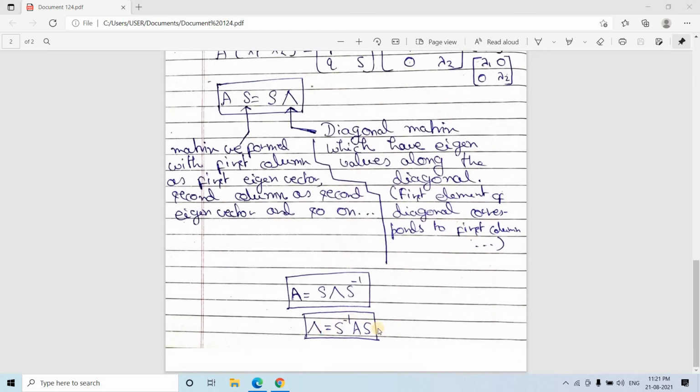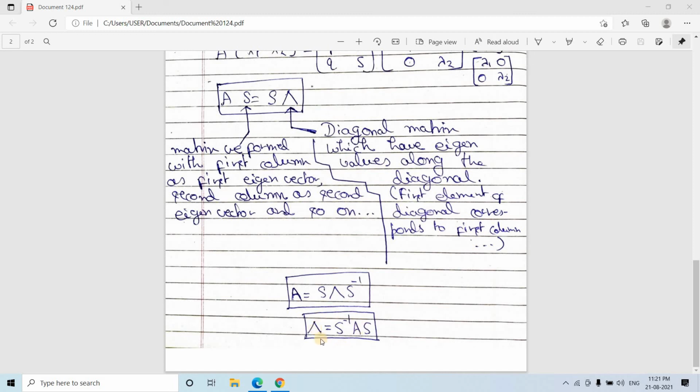So this particular equation shows how we can convert any transformation matrix to a diagonal matrix. We have to pre-multiply by S inverse, post-multiply by S, where in S, the individual columns are the eigenvectors. Okay, and we will get the diagonal matrix where each diagonal element is an eigenvalue.